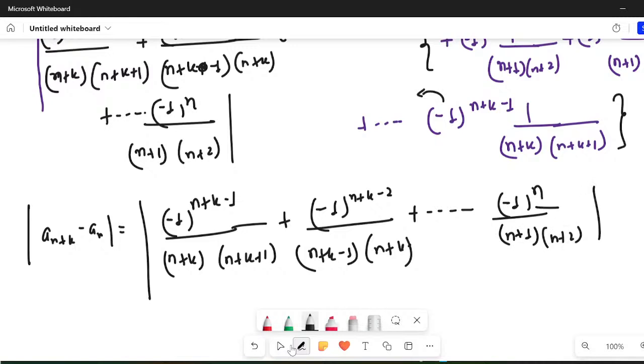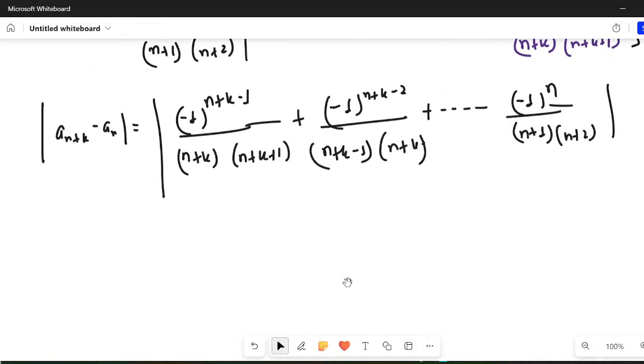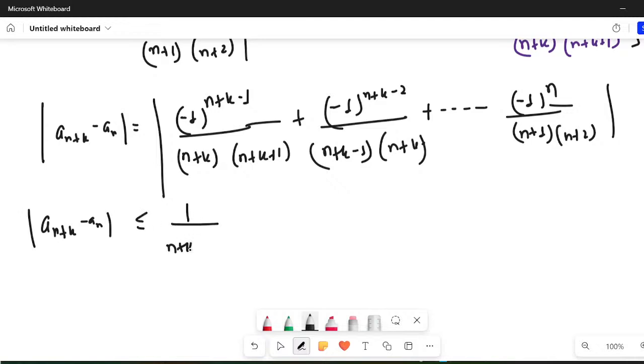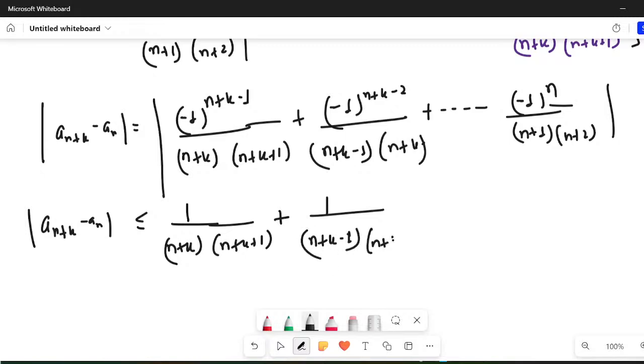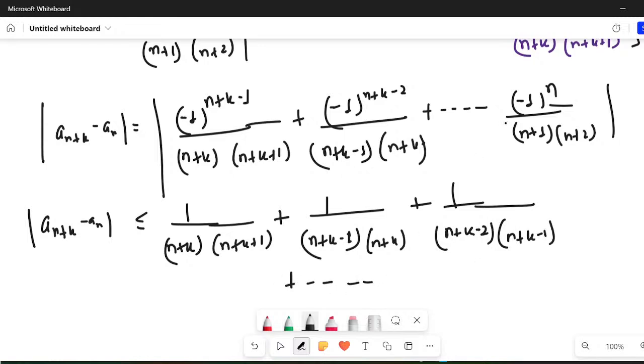Again use what is known as the triangle inequality, and then I can clearly write that modulus of a_{n+k} minus a_n will be less than or equal to 1 upon n plus k into n plus k plus 1, plus 1 upon n plus k minus 1 into n plus k, and so on.